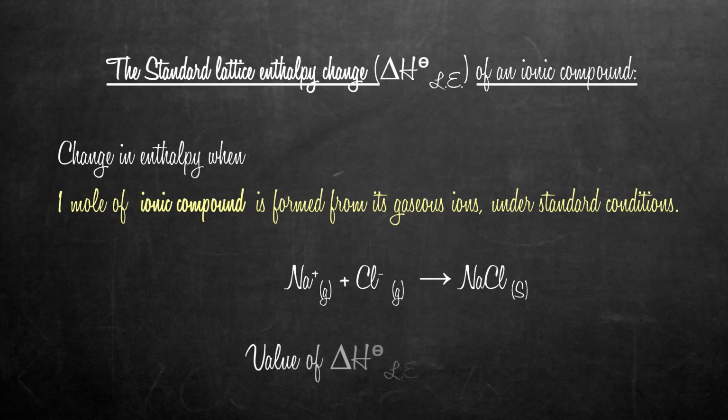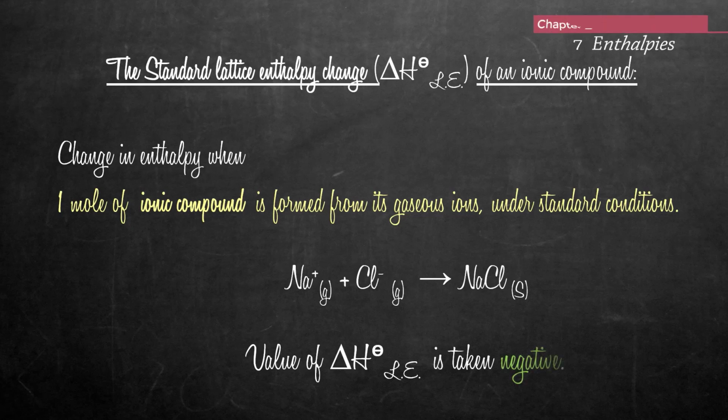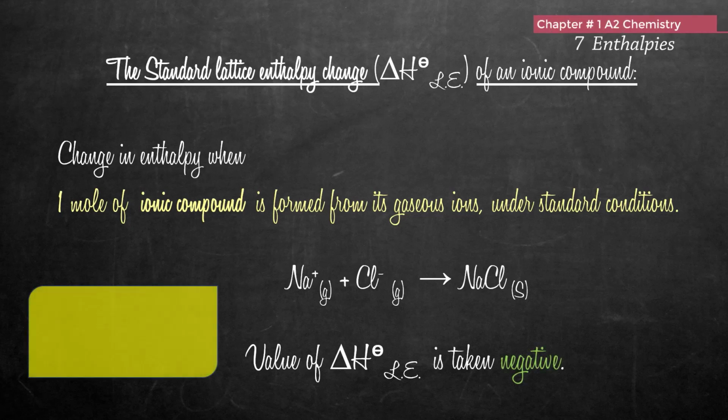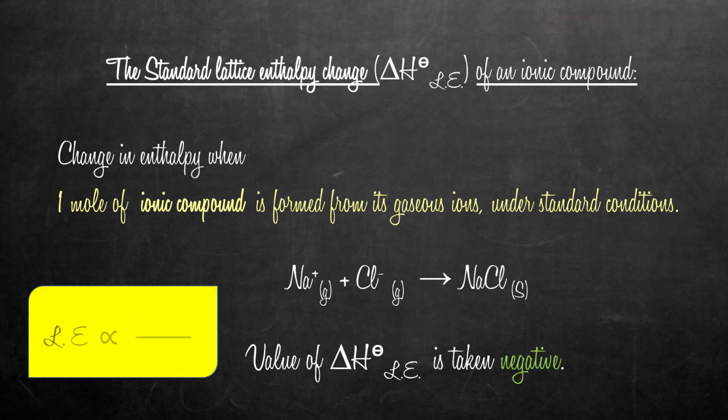Value of enthalpy of the lattice energy is always taken as a negative integer, so this is an exothermic reaction. Magnitude of the lattice energy is directly proportional to the product of positive and negative charges present in the compound, but the magnitude of the lattice energy is reciprocal to the square of the ionic radius of the charges.